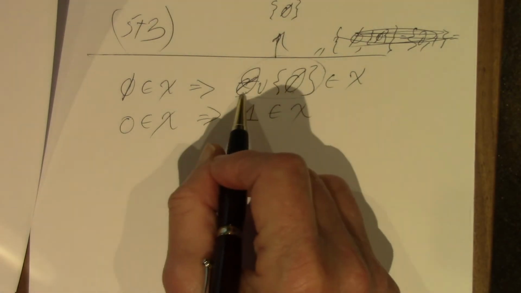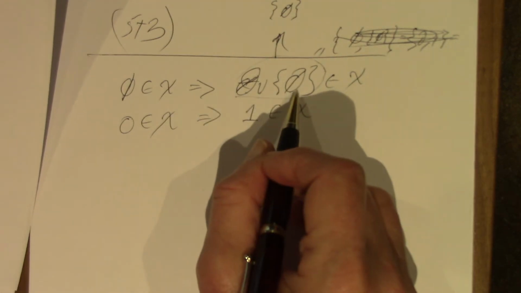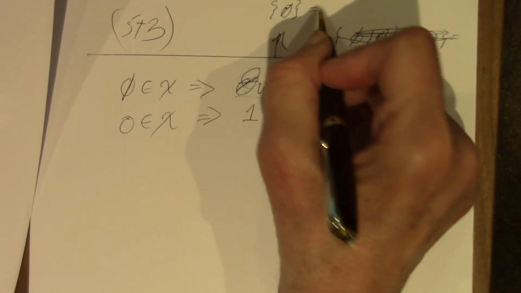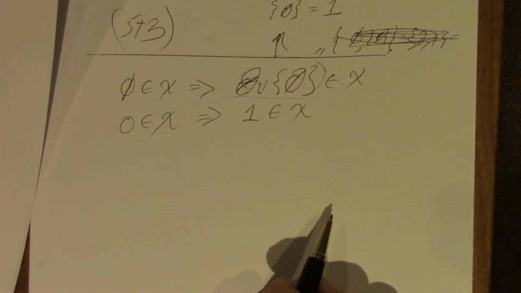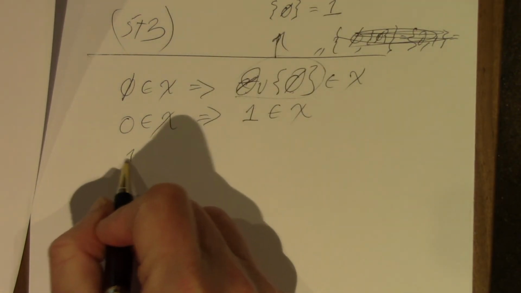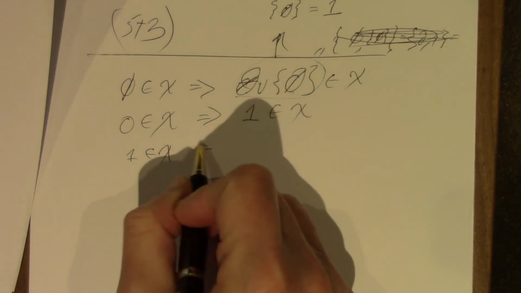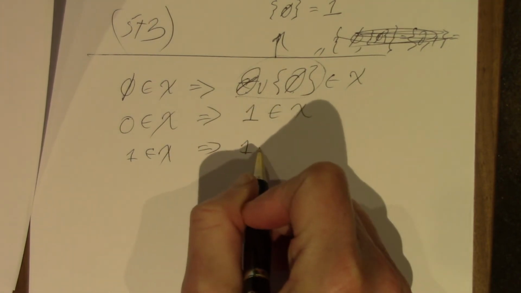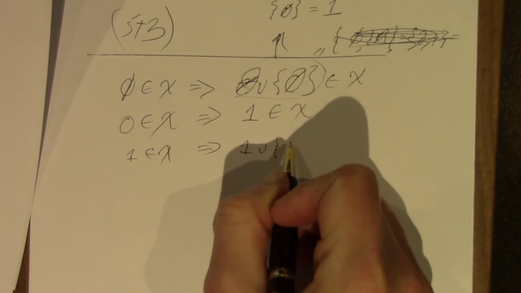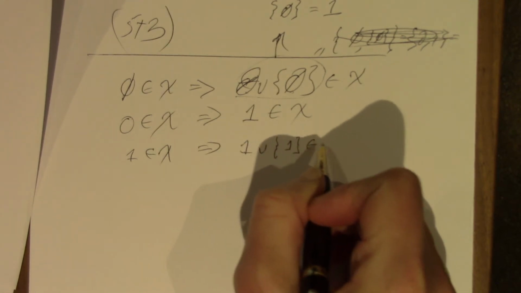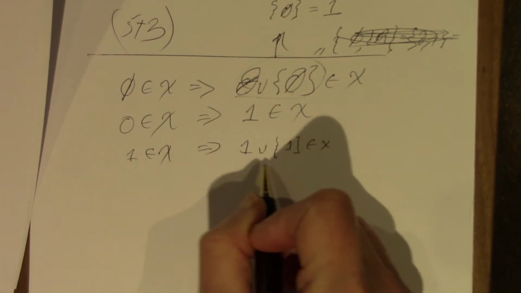When you take the union with the empty set, you're not adding any additional elements. And this is 1. Once 1 is in X, then 1 union the set containing 1 is also in X. And this is 2.